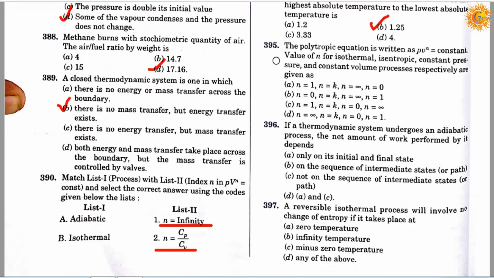Question number 395. The polytropic equation is written as PV^n is equal to constant.